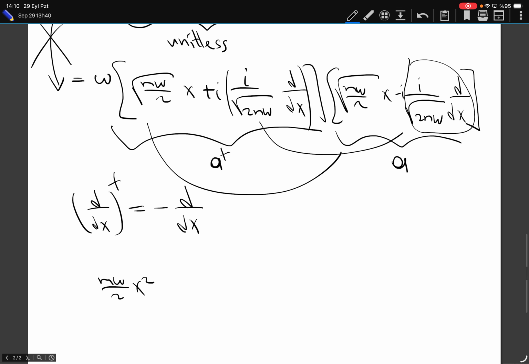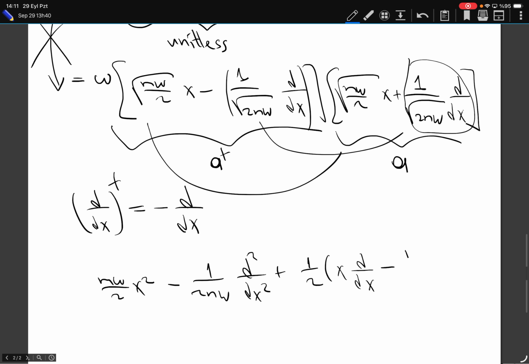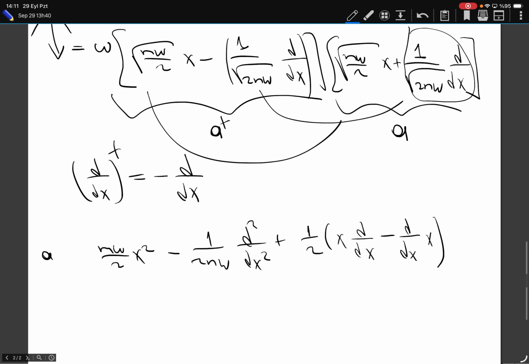If I multiply these two, I get minus 1 over 2 m omega d squared by dx squared. Then the cross terms will give me plus 1 over 2, x d by dx minus d by dx times x. This is my A dagger times A.